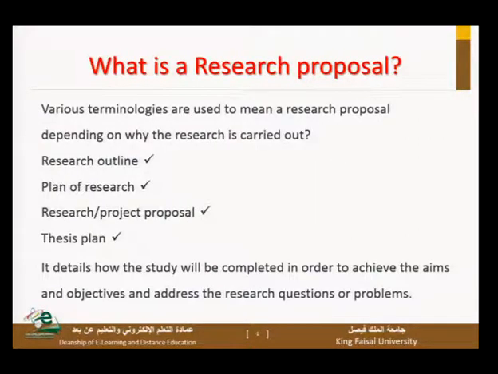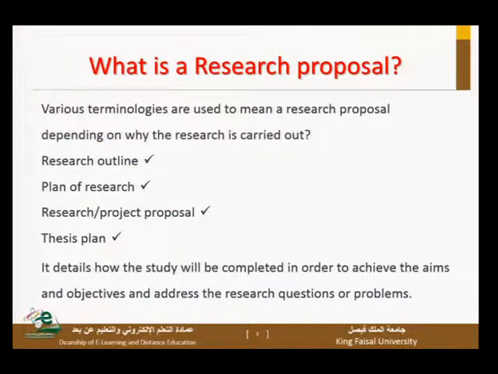The terminologies that we have in the literature regarding the research proposal are so many. Various terminologies are used to mean a research proposal, depending on why the research is carried out.